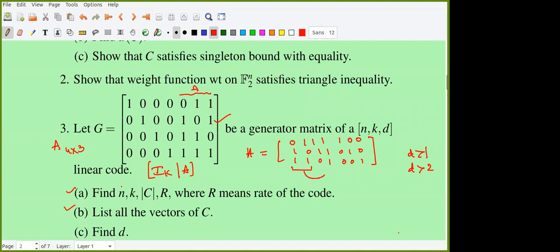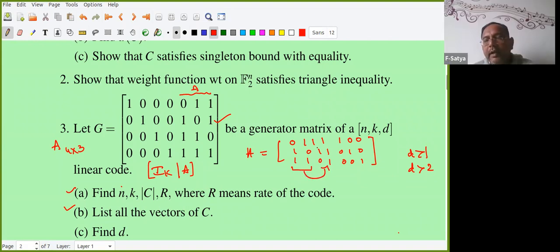Right. So I'm getting this vector. That means these are not linearly independent. They are linearly dependent. So if I take any two columns, they are linearly independent, but if I take three columns, there are three columns which are linearly dependent. That means distance of the code equals 3.